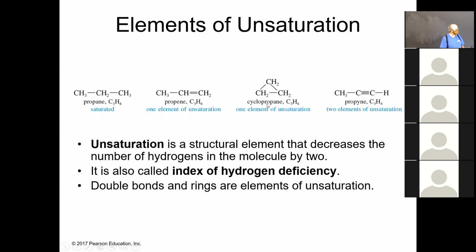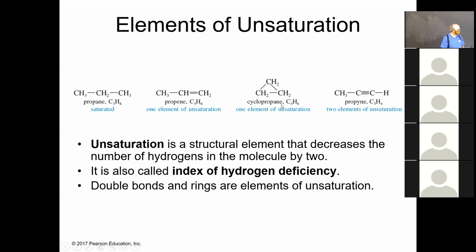If we form a ring, we lose 2 hydrogens, so that also has one element of unsaturation. So propane is C3H8, propene and cyclopropane are C3H6.